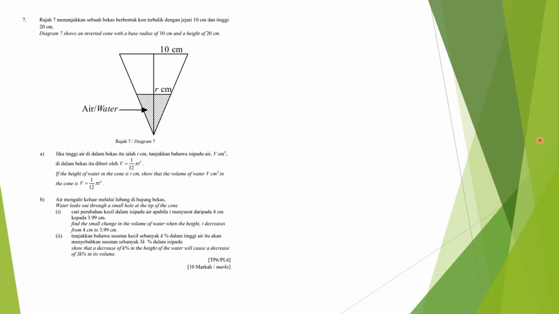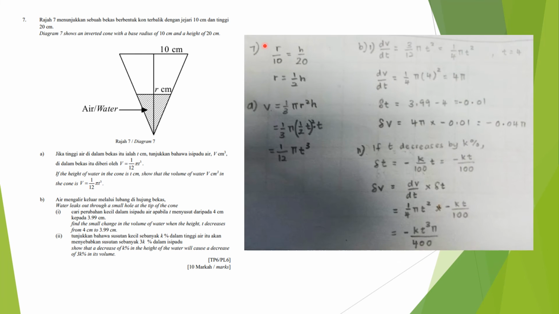So first, from here, radius is 10 and height is 20. From this information, what we must do, we have to find the ratio R to H. So R over 10 equals H over 20. So from the ratio, or proportion, we will get R equals 1 over 2 H.